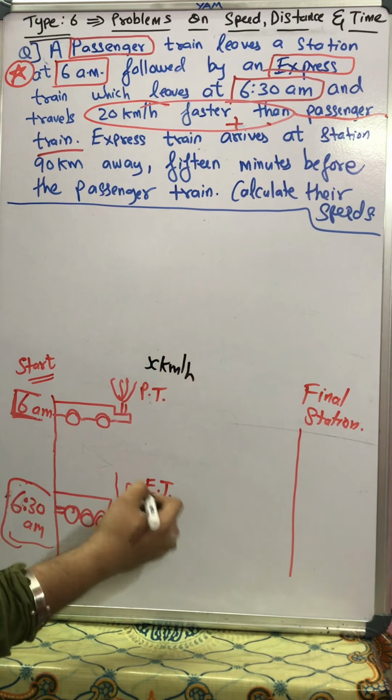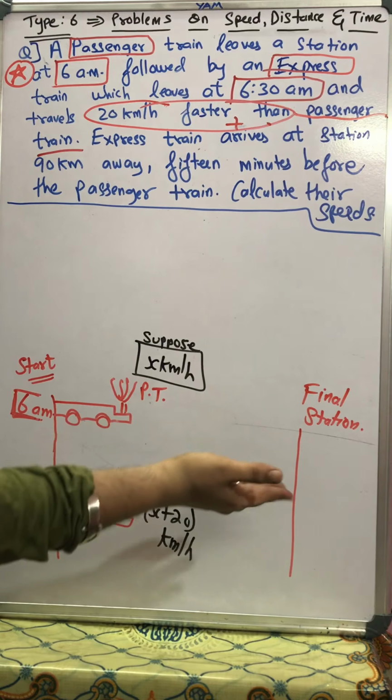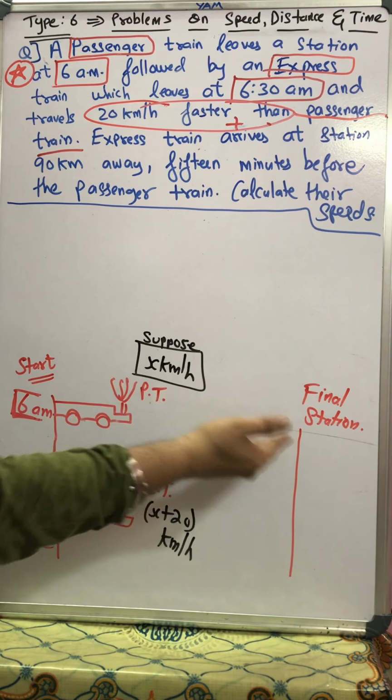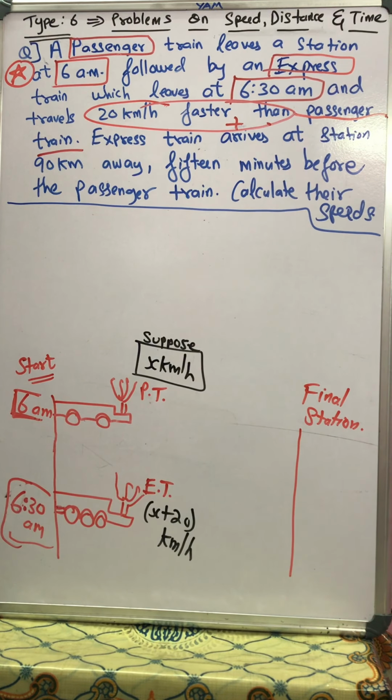The express train arrives at a station 90 km away. Okay, so the express train, of course, will arrive after it started. So it will arrive at a station which is 90 km away. So they have given us the distance. 90 km is the distance between the two stations, between the starting point and the final station.